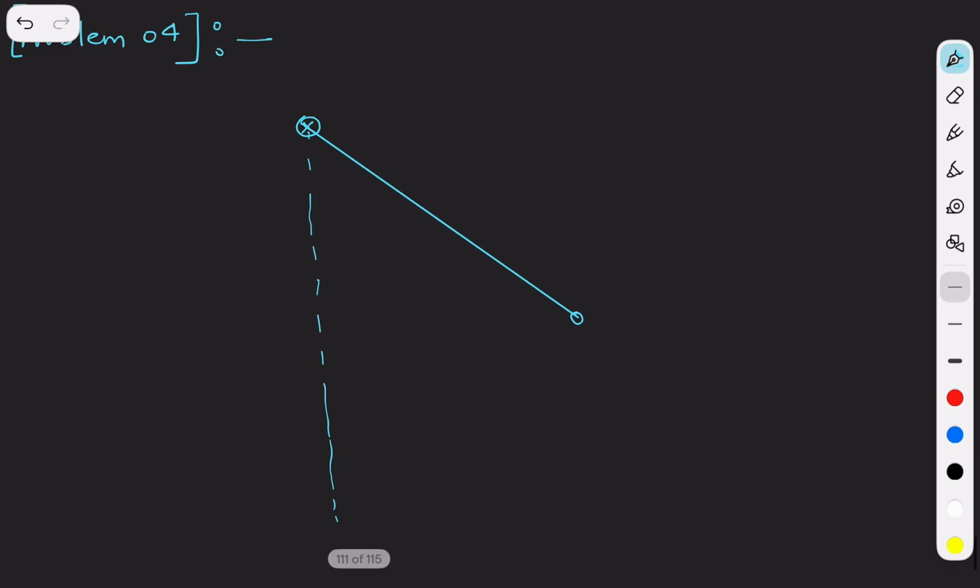Below the point of suspension there is a nail placed at a distance of x by 10 from the point of suspension. And the particle is displaced from the vertical at a 60-degree angle.